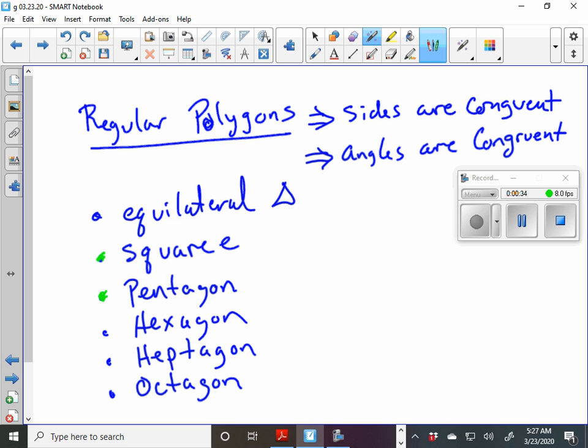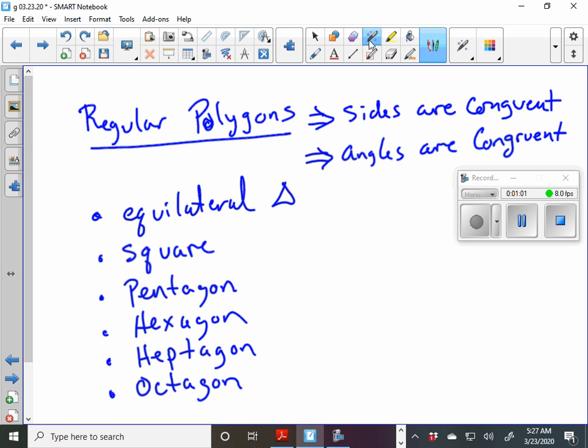Got a pentagon, hexagon, heptagon, and octagon. Now, as we go through these, you've heard of those before. So the question is, what can we do with these? Now, I probably won't make you work with a heptagon, which has 7 sides.